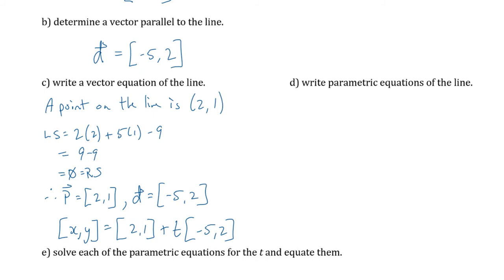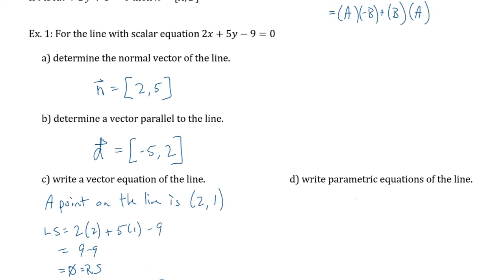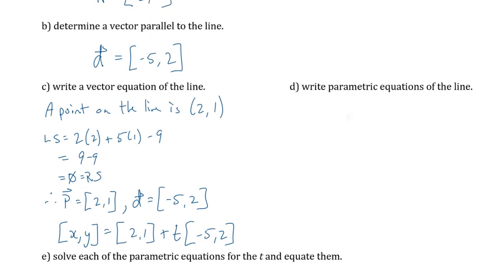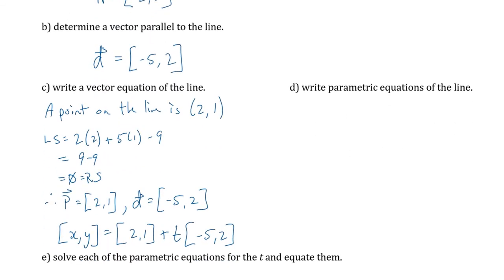Write the parametric equation of the line. So this was, oh no, it wasn't defined as a line L or anything like that. Okay, so parametric equation, I break it up into the x component and the y component. So the x is 2 minus 5t. How did I get that? 2 minus 5 times t, right?